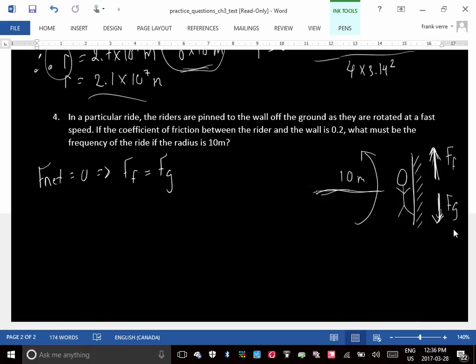So what's happening in this scenario is we know that there's centripetal acceleration pointing this way, right? But remember we said there's that illusionary force, which is the force that you would experience almost as if you're being pressed against the wall, right?